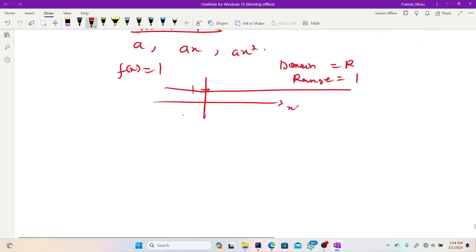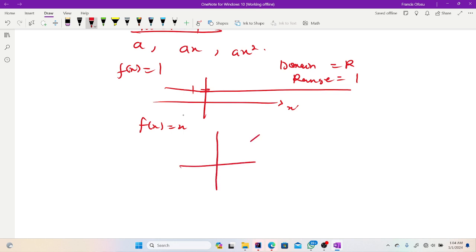Now, that was just a simple monomial I chose. Now let's see this monomial, f of x is equal to x. Drawing a graph of this, I'm getting a line passing through the origin, right? So this is the same as y is equal to x. When x is 1, y is 1. So (1,1), (2,2), (3,3), (4,4).